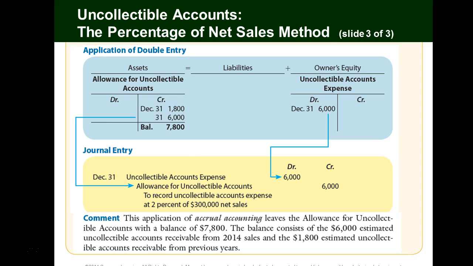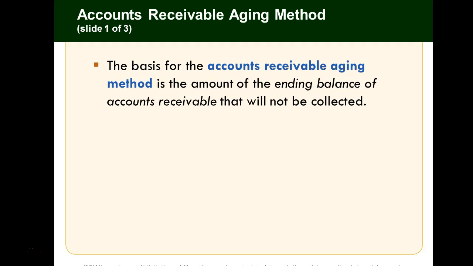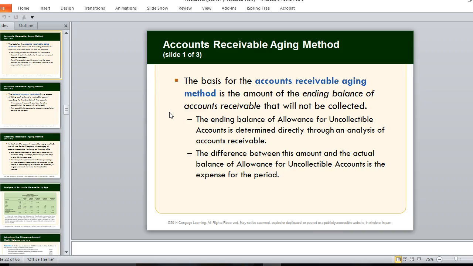The balance consists of the $6,000 estimated uncollectibles and the $1,800 balance estimated uncollectible account receivables from previous years. Now let's do a problem like this, okay?